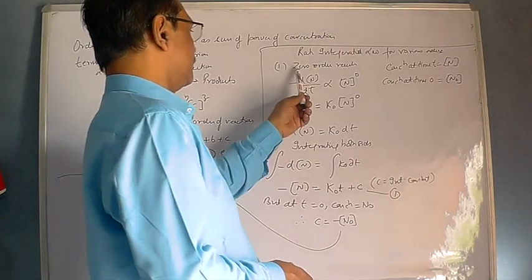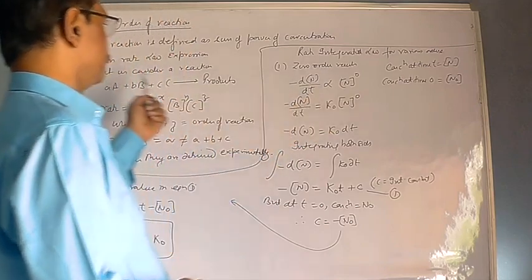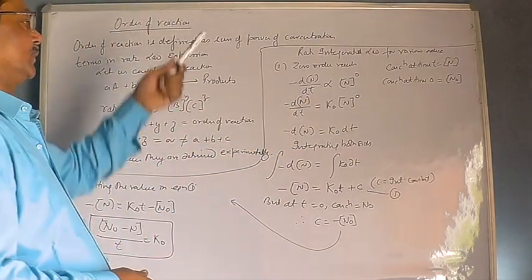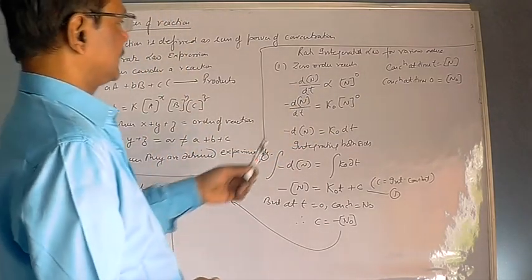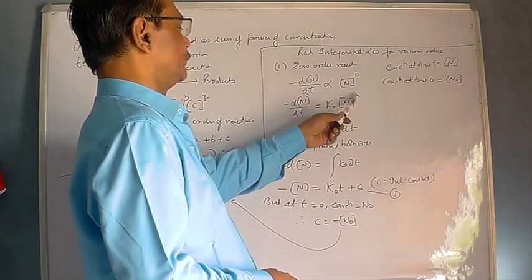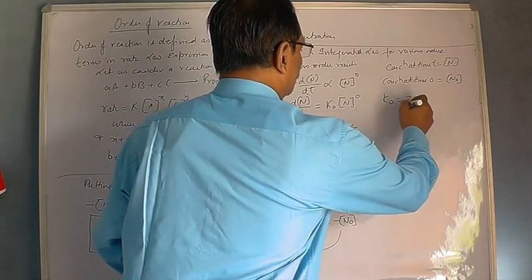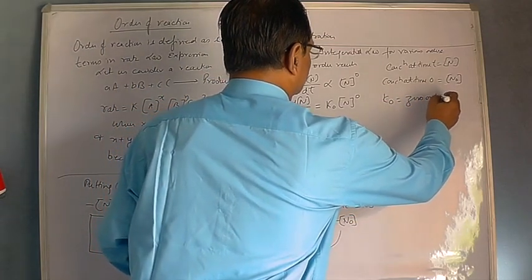Since we are dealing with a zero order reaction, I put the value 0 here, because order is the power of the concentration term. In the next step, -dN/dt equals k0 N^0, where k0 is your zero order rate constant.